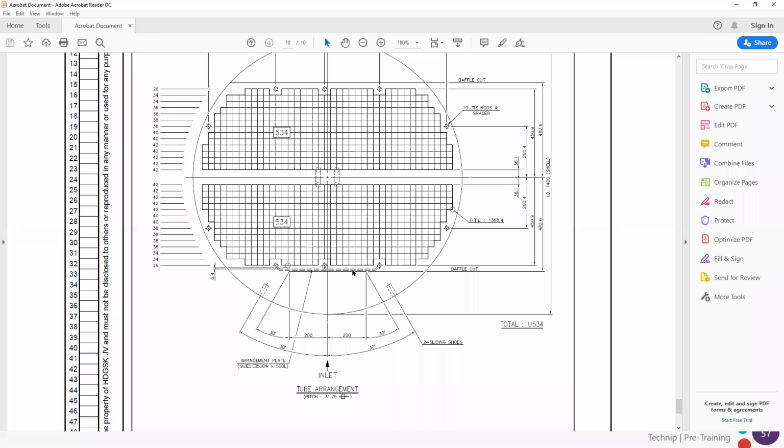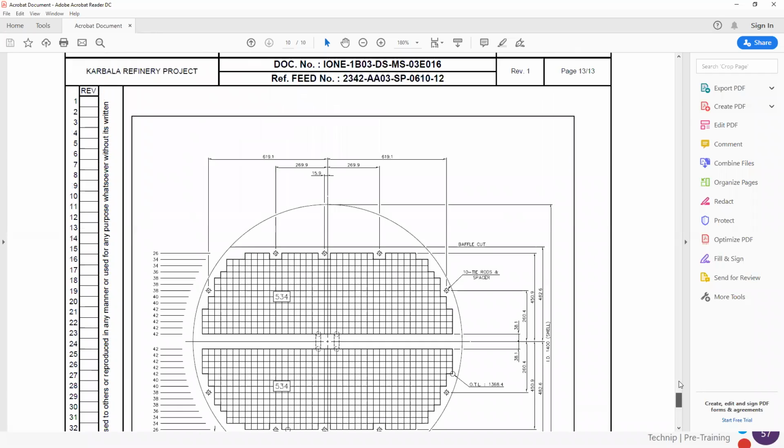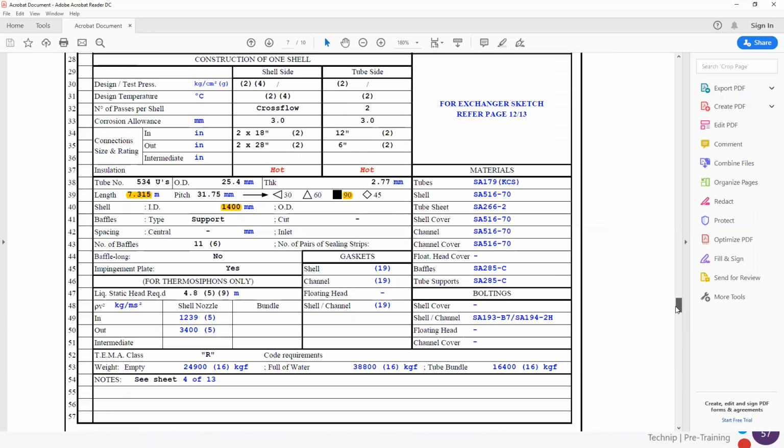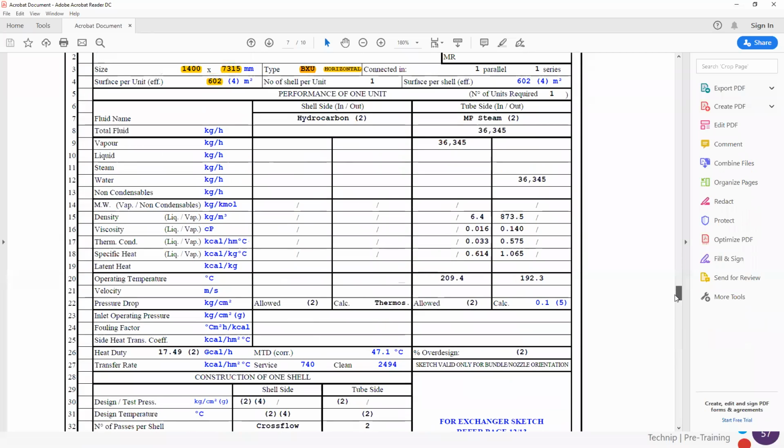We also have an impingement plate because the velocity is high at the inlet and we need to protect the first tube row under the shell nozzle. Okay, so I think there is nothing else to point out from this information.